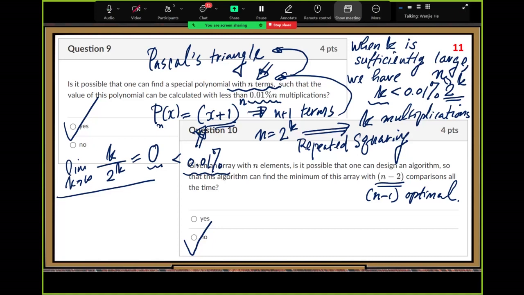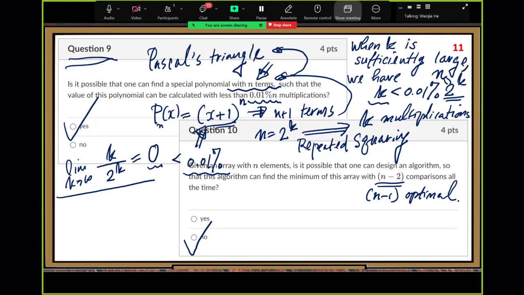So from this quiz, you can see all these questions are based on our notes. But some of the questions you may not get the answer in a straightforward way, like question 9. You need to put many pieces together.